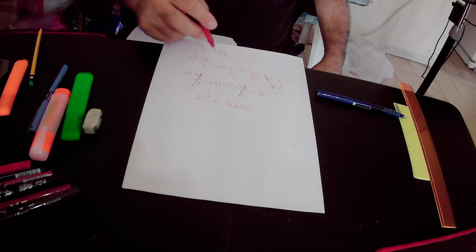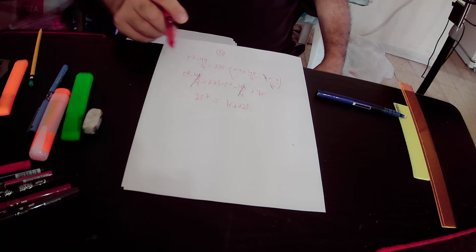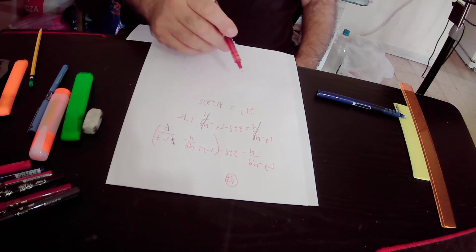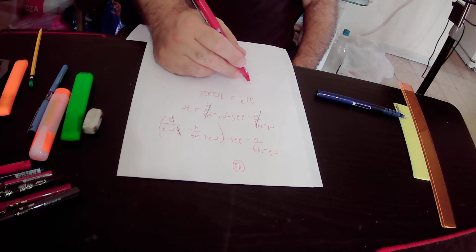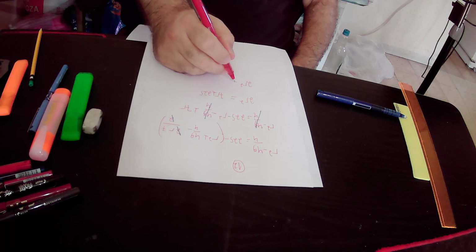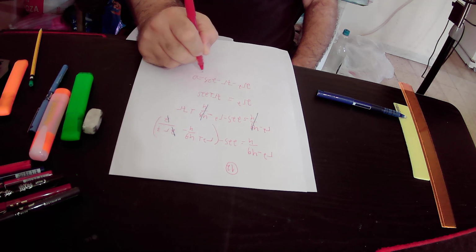So here we will subtract 7R and 225 from this equality, and we will arrive at a quadratic equation: 2R squared minus 7R minus 225 equals 0.